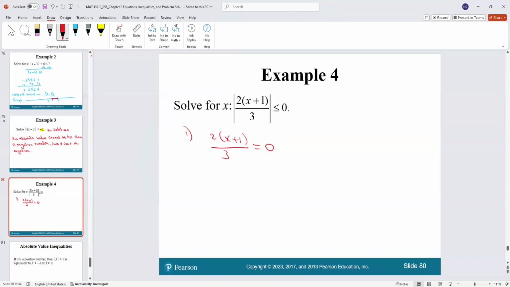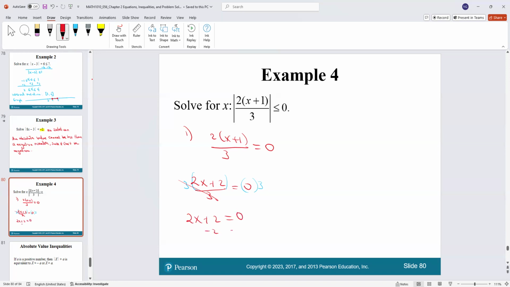We distribute the 2x: 2x plus 2 over 3 equal to 0. Now, the best way to get rid of the 3 is to multiply both sides by 3. Now we can cancel these. We still have 2x plus 2 equal to 0 times 3, which is 0.